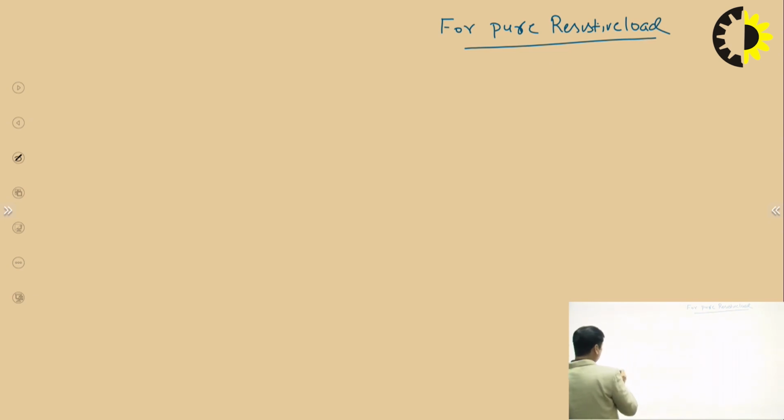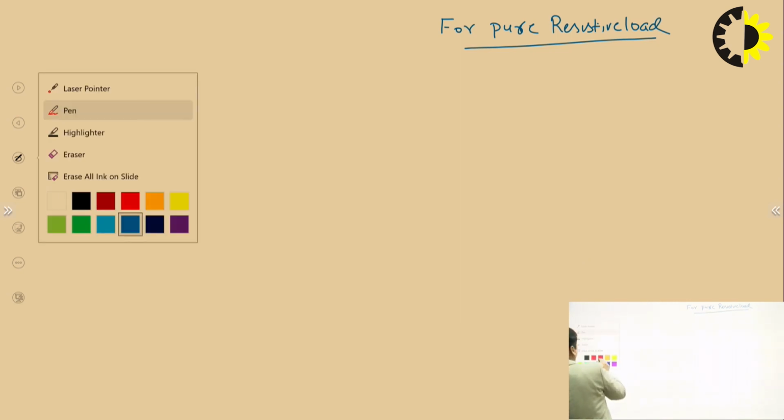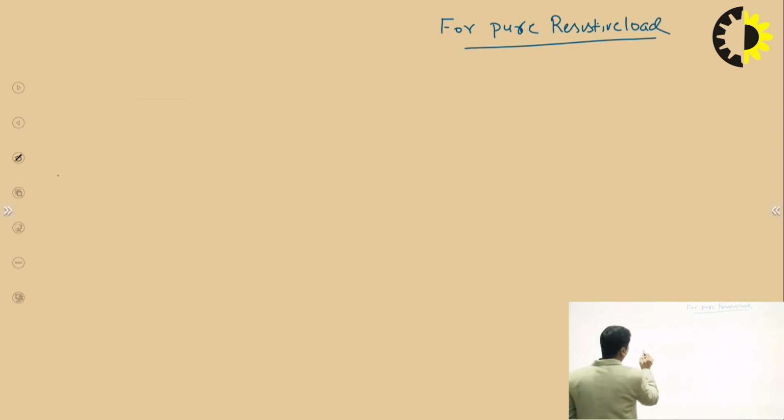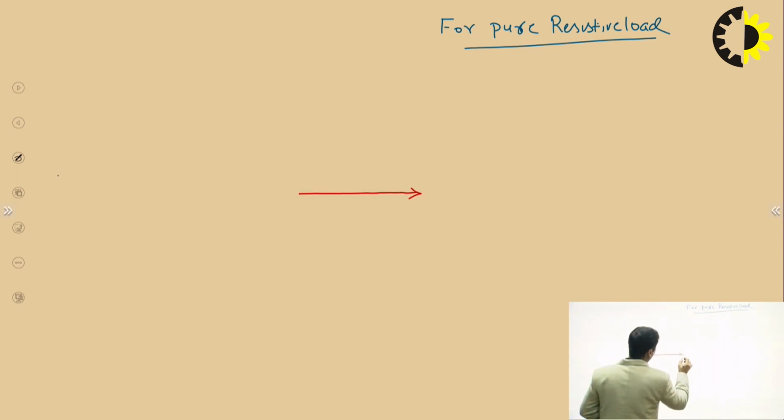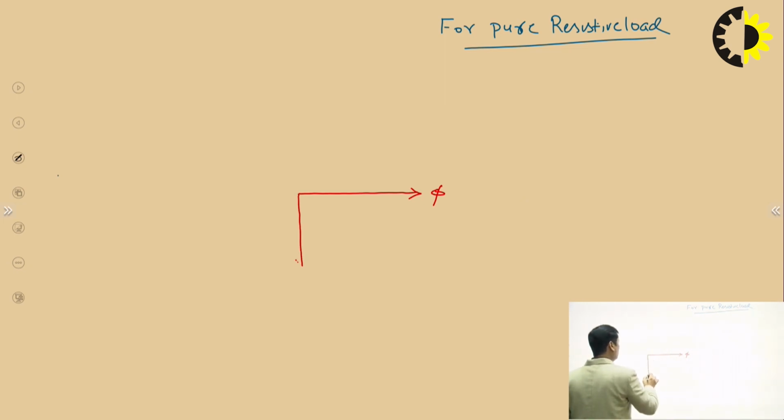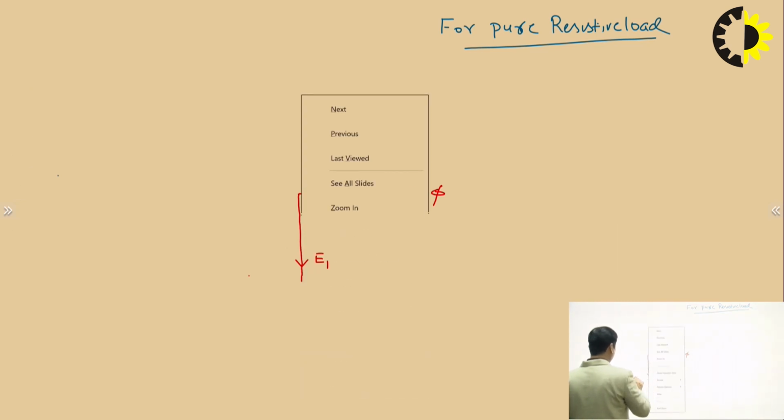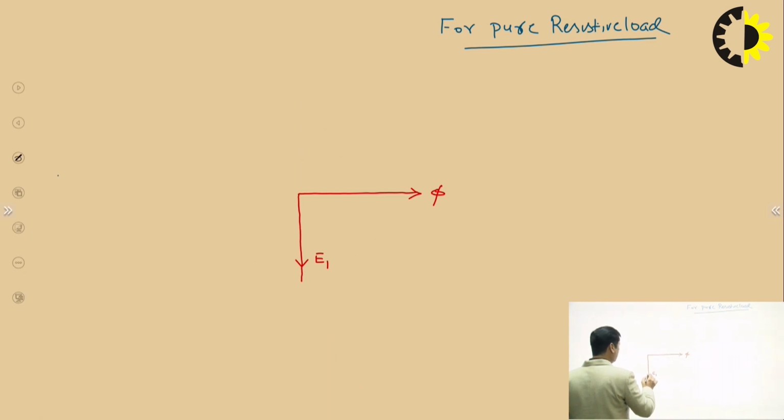Take the flux phi as a reference again, then E1 and E2. This is our E1, the voltage induced in the primary winding. Again, E2 will be in the same phase.